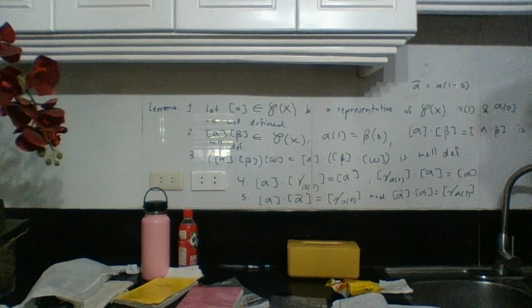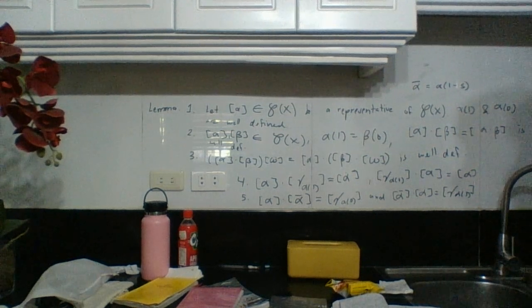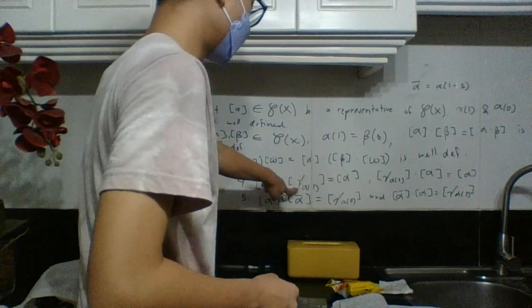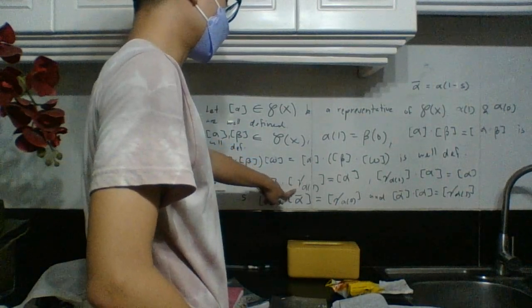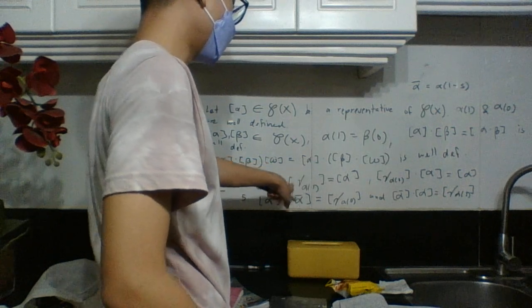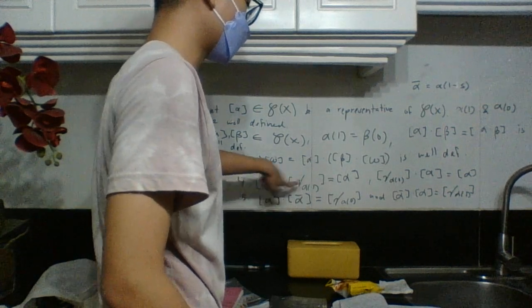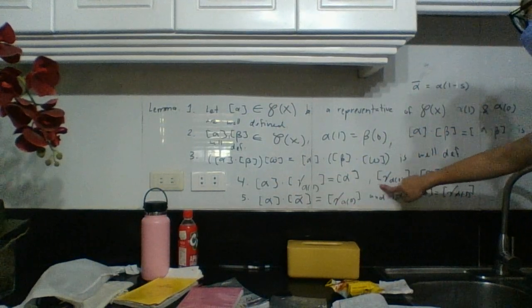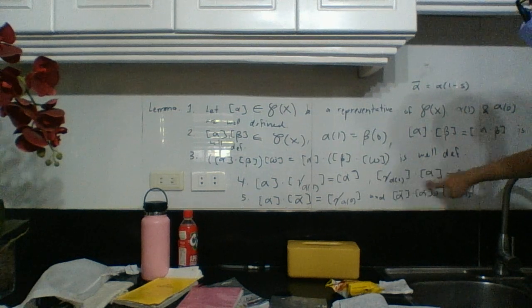And this gamma here is some identity function, such that when we concatenate it with alpha, we get alpha. If we take it evaluated at alpha of 1 and then concatenated with alpha, we get alpha. That's for a right concatenation. For a left concatenation, this is the condition here. This is what happens.